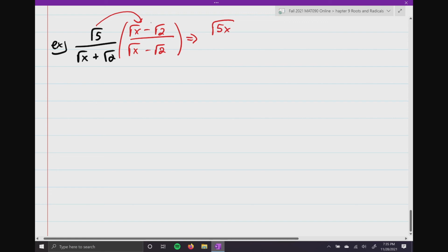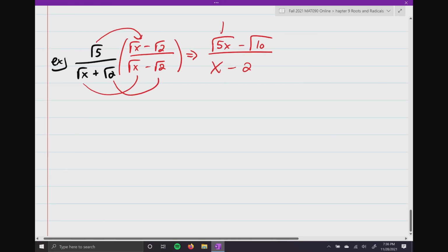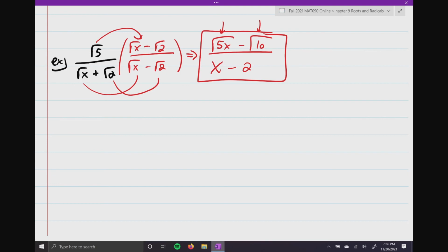Square root of 5 times negative square root of 2 is going to be negative square root of 10. All over. Now these are conjugates, so remember, square root of x times square root of x is x. Positive times a negative is a negative. Square root of 2 times square root of 2 is 2. And since these radicals in the numerator cannot reduce, you're done.